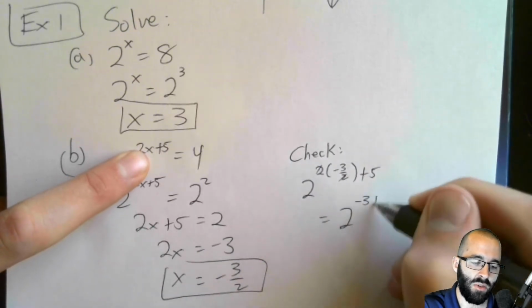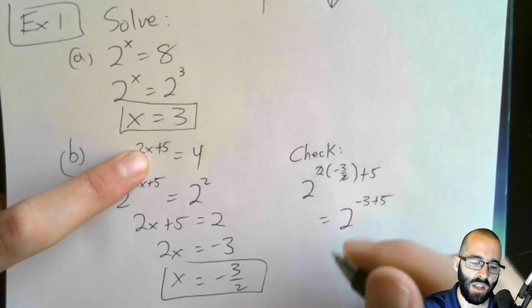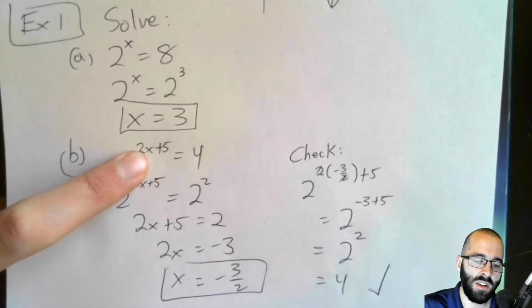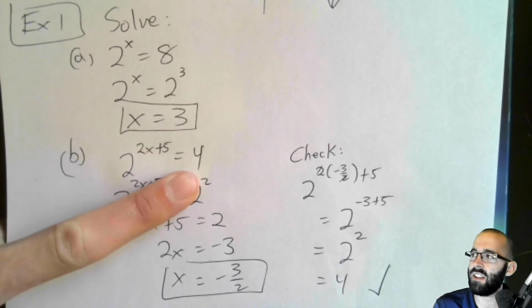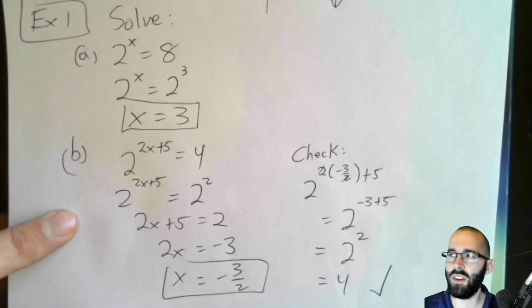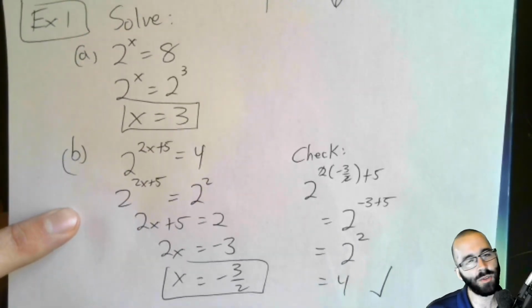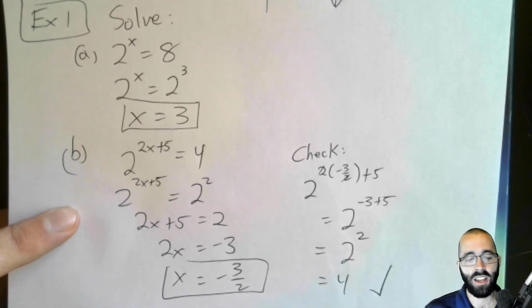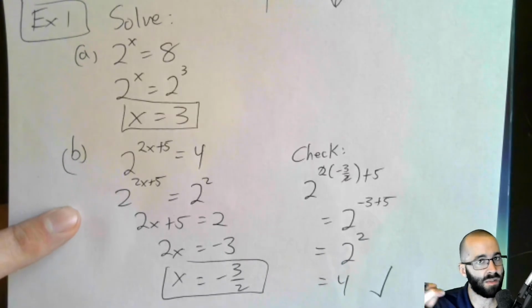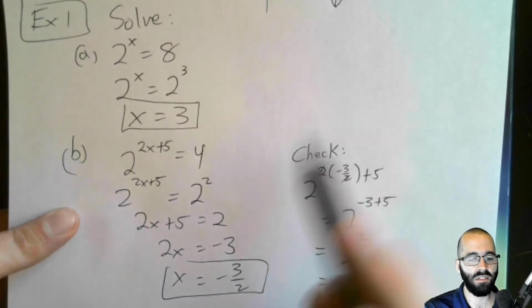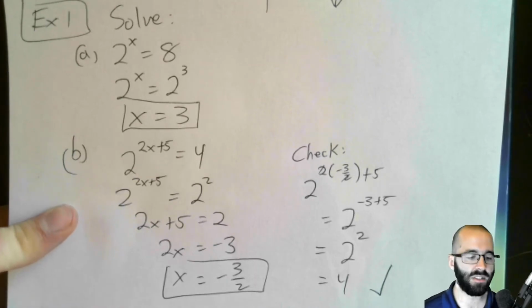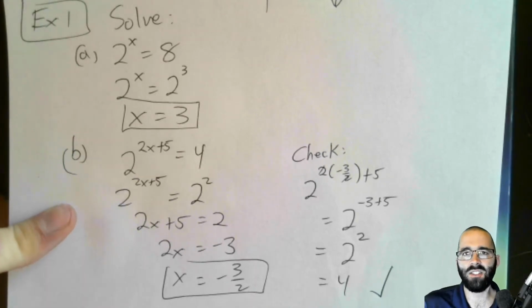We're left with negative 3 plus 5. Well, negative 3 plus 5 is 2, and 2 squared is 4, exactly what we wanted. So we're checking our answers. Very simple to do, and it can save you a lot of pain. If you make the smallest algebra mistake, you can find it over here, which is one of the nice things about math. So there's a lot of ways that you can check, is my answer actually right?